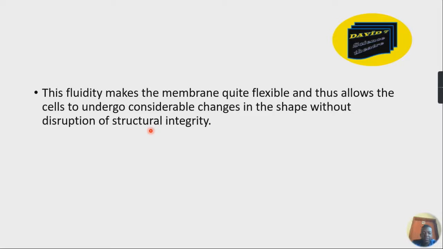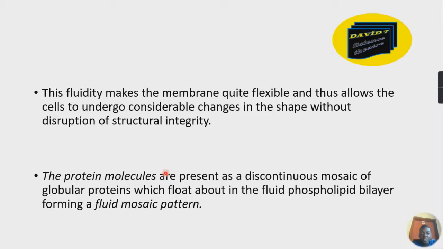All right. And the proteins are present as a discontinuous mosaic of globular proteins, which float about in the fluid phospholipid bilayer, forming a fluid mosaic pattern. Okay, so there is a fluid mosaic pattern which is formed when proteins are scattered in discontinuous mosaic forms.